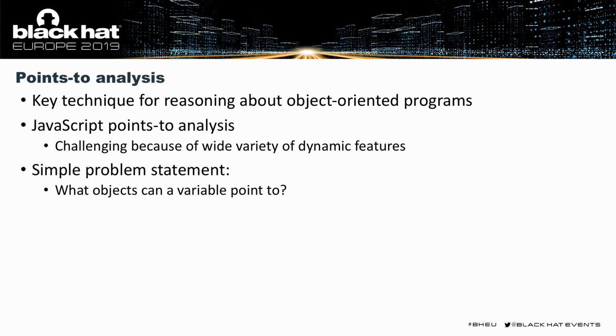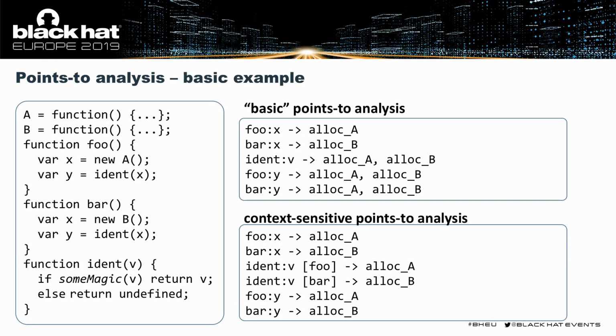It's deceptively simple. What objects can a variable point to, right? And even if you look at this simple example, for basic points-to analysis, I won't go into details because I'm running short of time, but essentially, for example, if you call the identity function, you can see that it does not distinguish between the allocation of A and B, right?